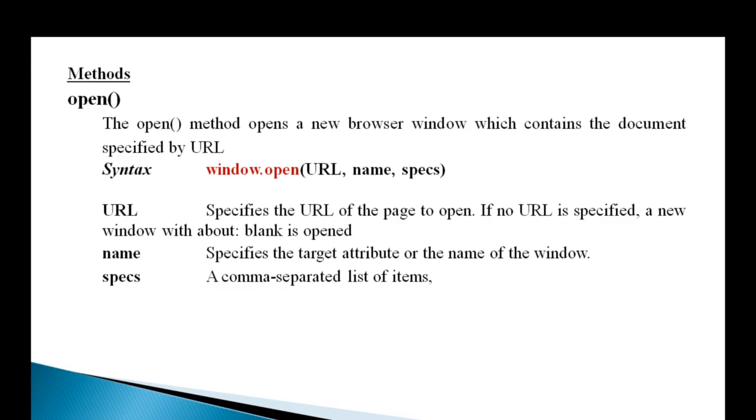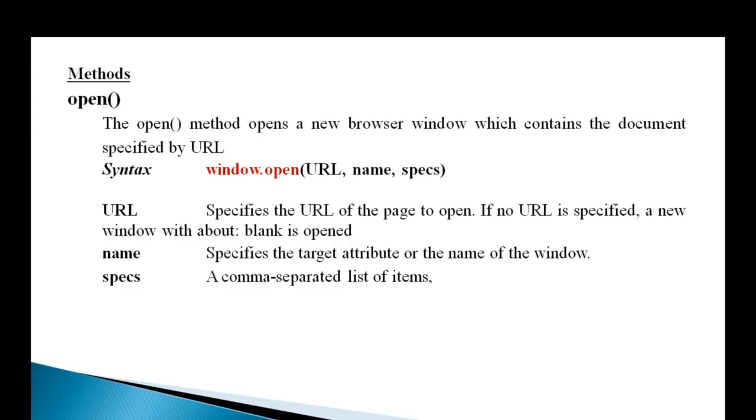The methods that are used in window object are open, close, prompt, alert, all this.